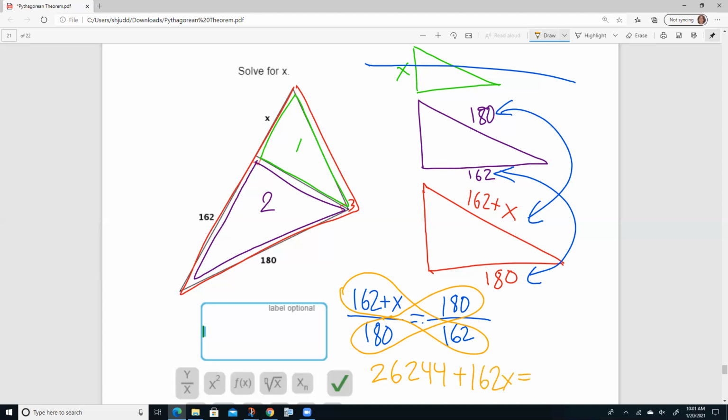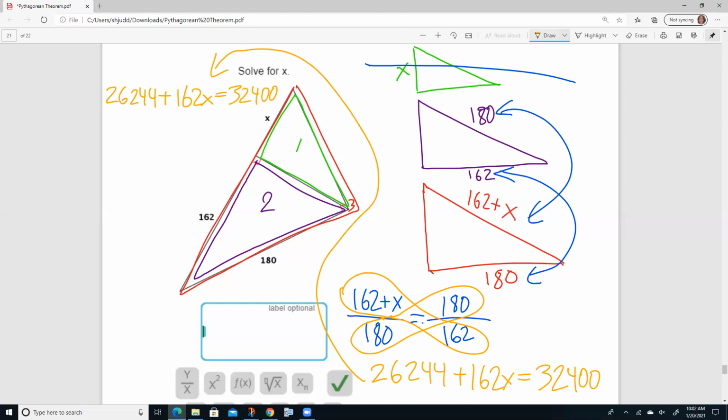And that's going to be equal to 180 times 180, which is 32,400. Okay, because of all the pictures I've drawn, I'm running out of space, so I'm going to come up over here to finish this problem. Copying it down, so I'm not changing anything yet.